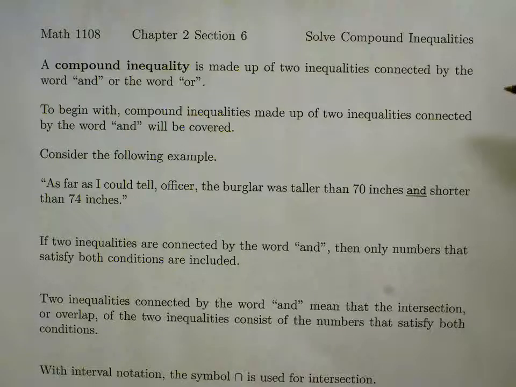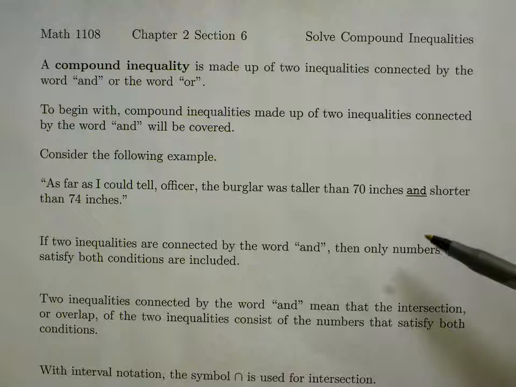A compound inequality is made up of two inequalities connected by the word and or the word or. To begin with, compound inequalities made up of two inequalities connected by the word and will be covered.